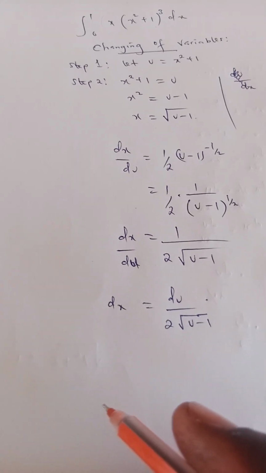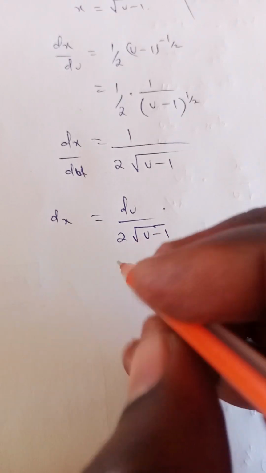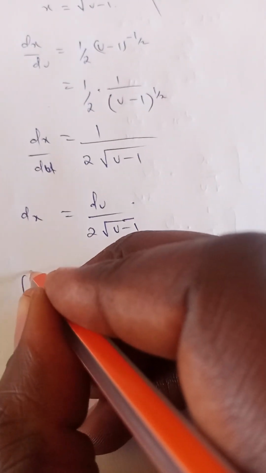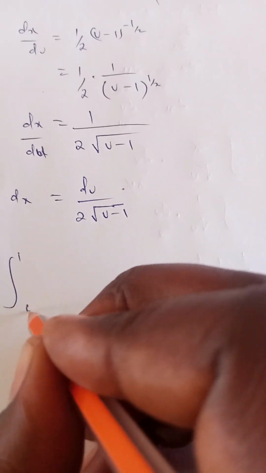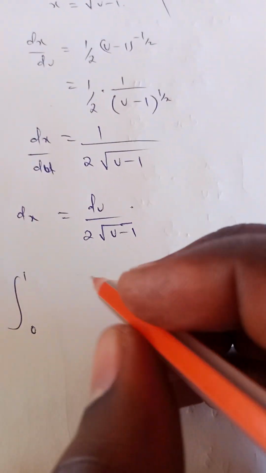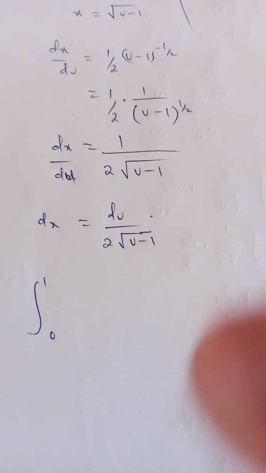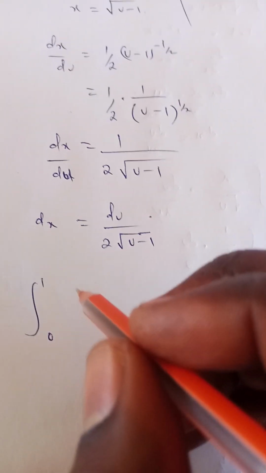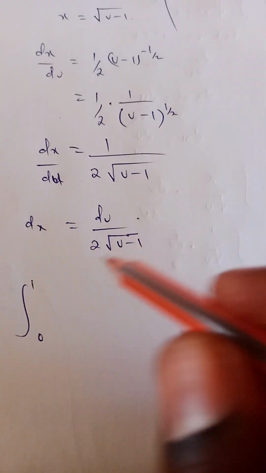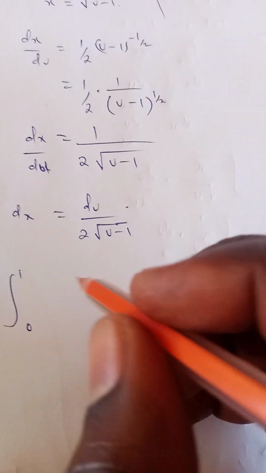Right, so we're now going to replace this one and this one in the original equation, so that we have this, and the limits which as well have to be changed at a later stage.